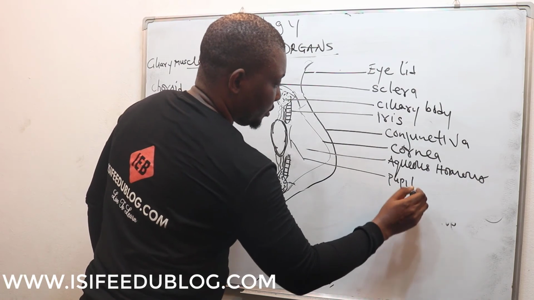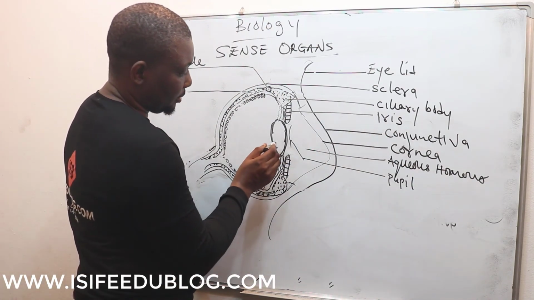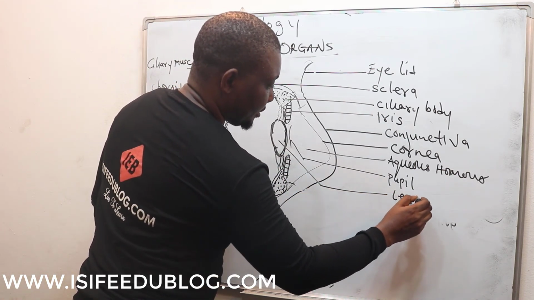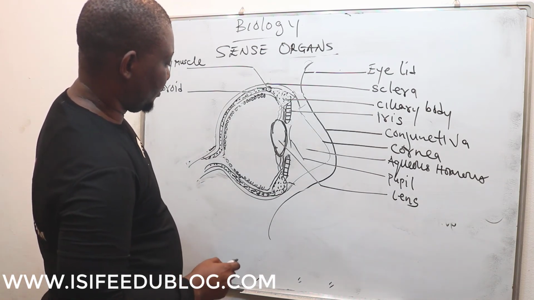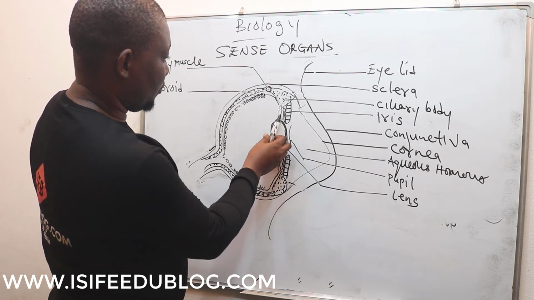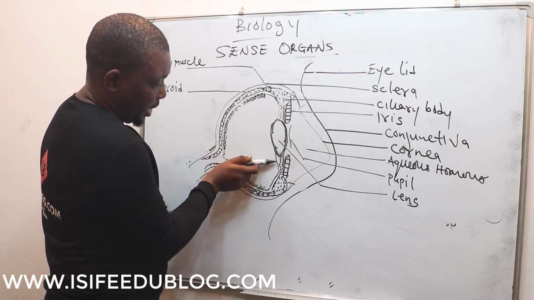The pupil. And then this is the lens. The lens. And then we have this thing that is only the lens. We are not able to get it in this place, but we can get it here.